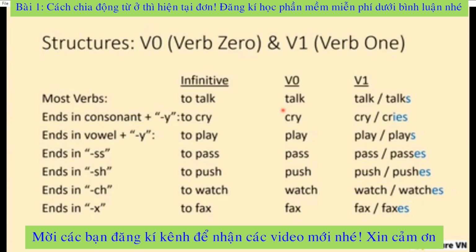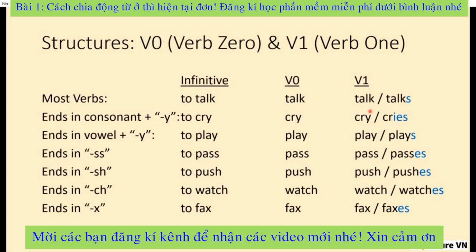To make structures in present simple tense, we also need to know how to use the verb 1 form of the verb. The verb 1 form usually has two forms, like talk and talks. Which one you use depends on the subject.